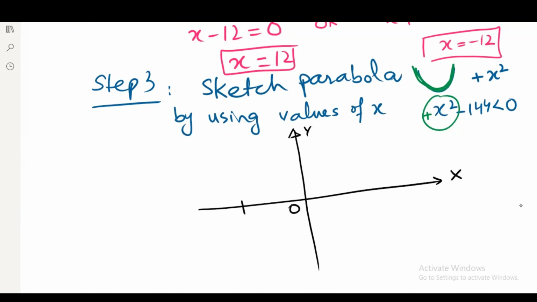Suppose this is minus 12, and the same distance is positive 12. Now sketch the parabola with the help of these two values of x. This was step number 3, and this is for x squared minus 144.